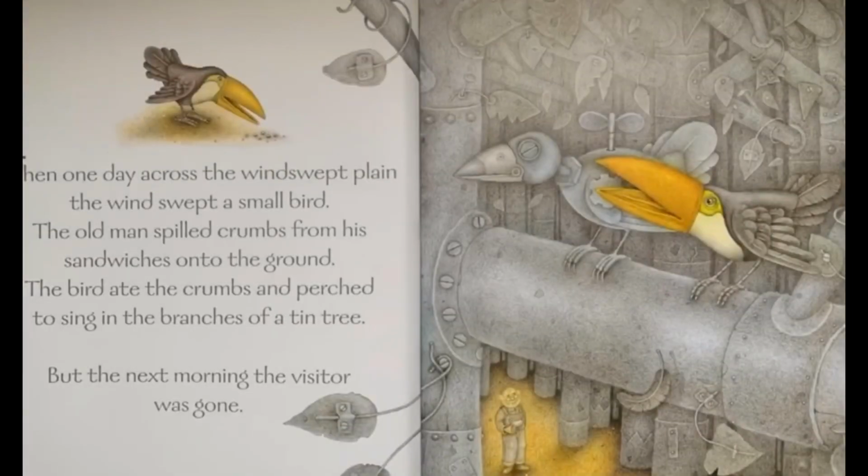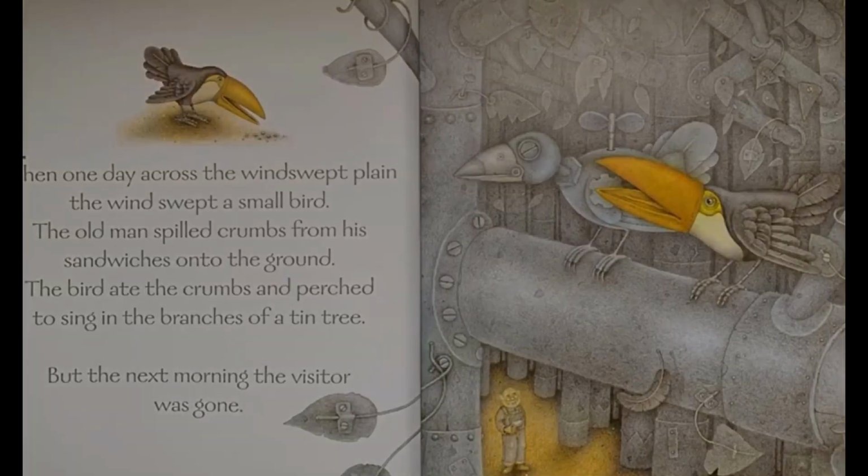Then, one day, across the windswept plain, the wind swept a small bird. The old man spilled crumbs from his sandwiches onto the ground. The bird ate the crumbs and perched to sing in the branches of a tin tree. But the next morning, the visitor had gone.